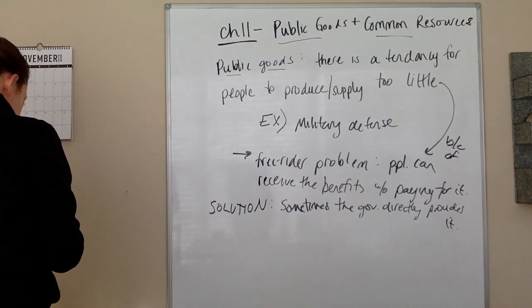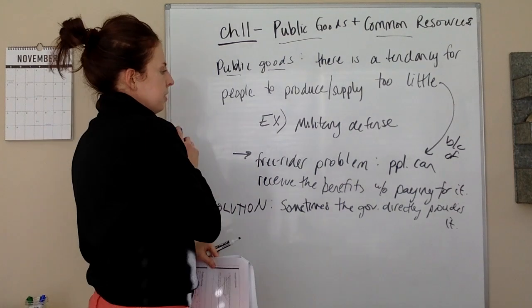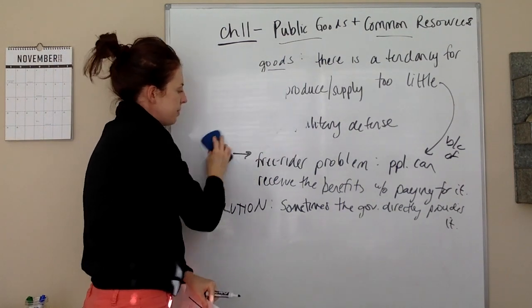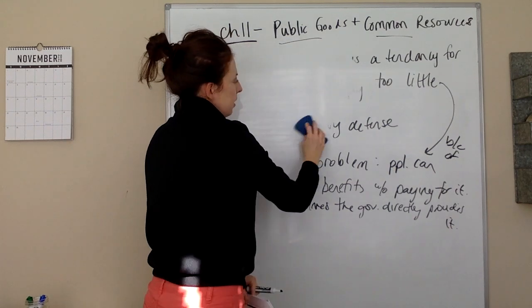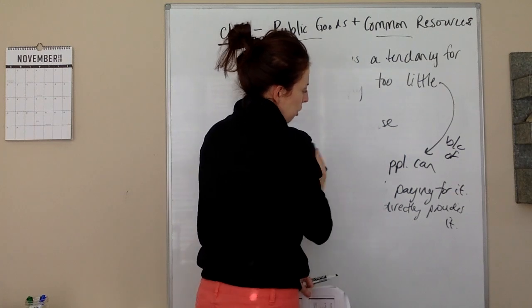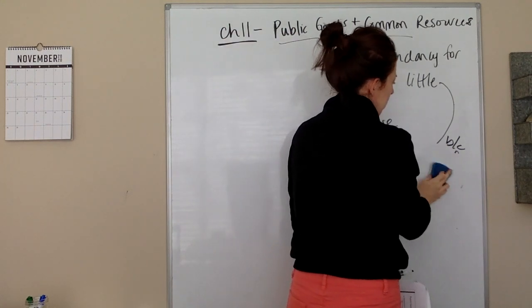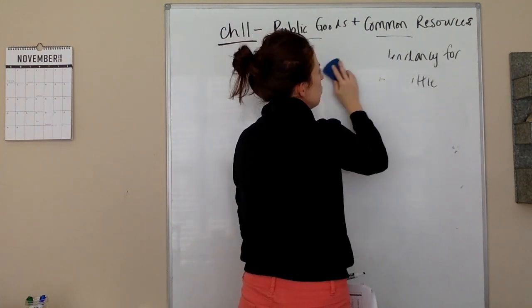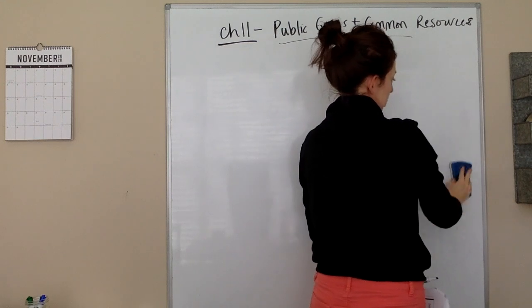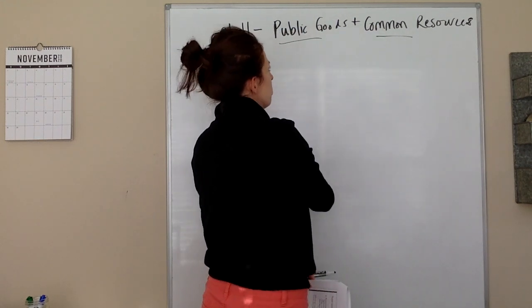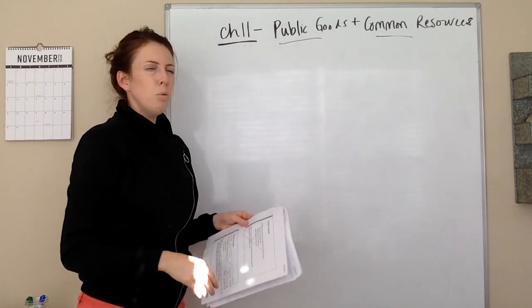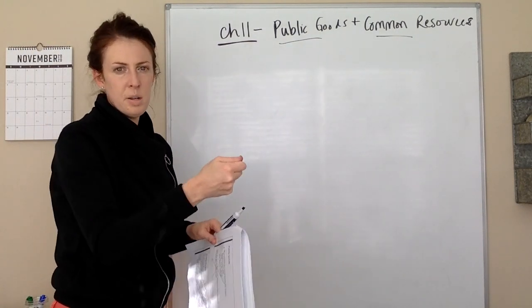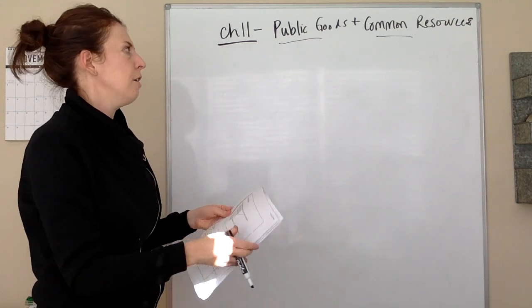Okay, so what about common resources? Common resources are going to be characterized by people having the tendency to consume too much of them. So recall that common resources, like public goods, cannot really be exchanged well in a market because we can't stick a price tag on it without it falling off.